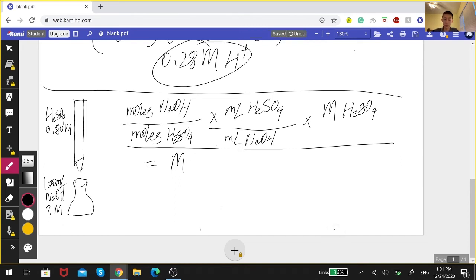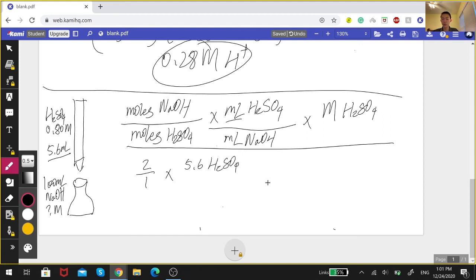So let's plug the formula in. Moles of NaOH, which is 2 moles, divided by 1 mole of H2SO4, times mL of H2SO4. Something else that I forgot to give you is that after 5.6 milliliters, it's completely titrated. So our mL will be 5.6 of H2SO4.